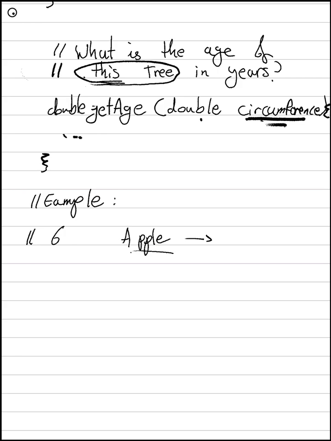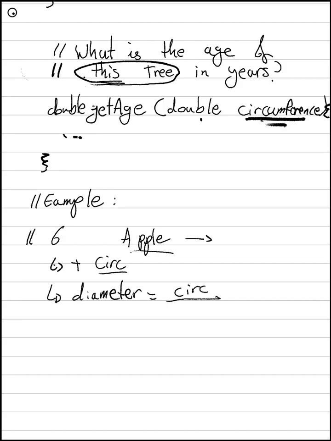So first you need to measure its circumference. And then you can get the diameter. And how do you get the diameter from a circumference? You will divide the circumference by pi.